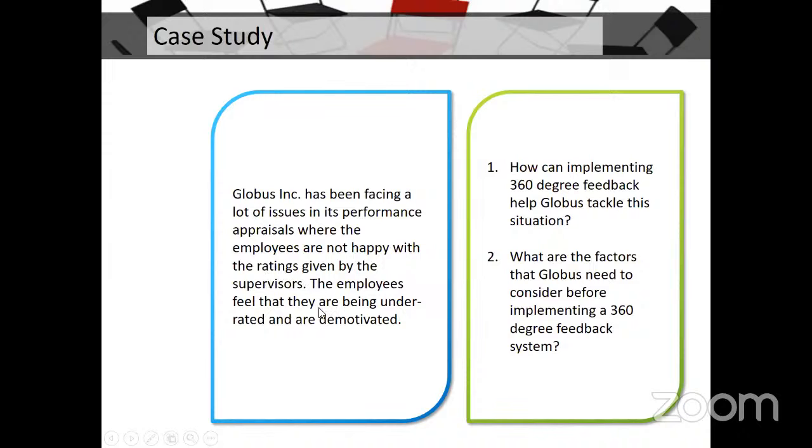And that leads them to believe and feel that they're being underrated, thus they're very demotivated. So I want to pose a question to all of us. The first question I want to pose is, how can implementing the 360-degree feedback help the organization tackle this situation?